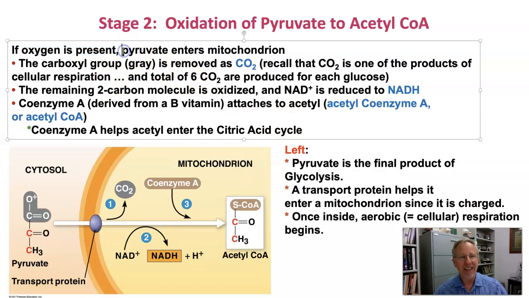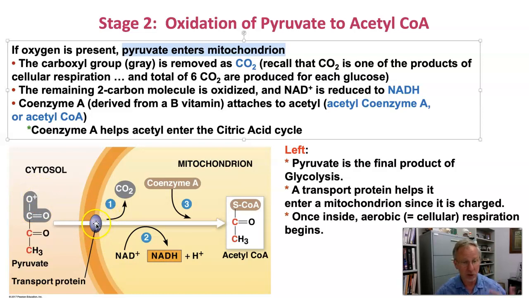So pyruvate enters the mitochondria. It's going from a higher concentration to a lower concentration through a transport protein. It needs a transport protein to help it get into the mitochondria because pyruvate is negatively charged, so it can't get through the membrane all by itself.